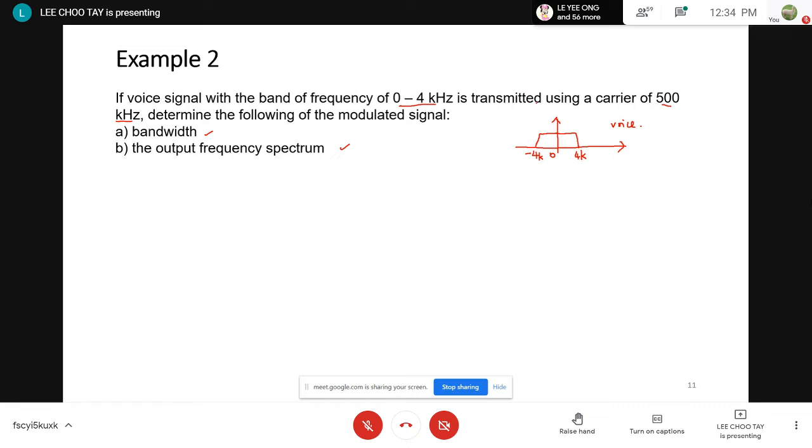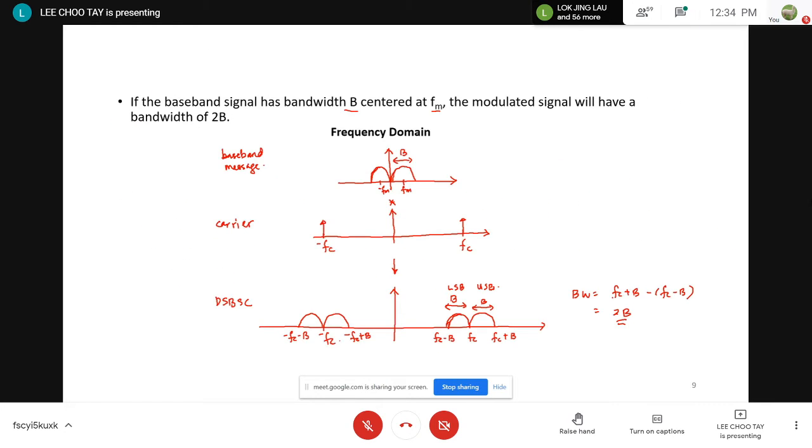Okay, so my carrier is 500 kilohertz. Let's talk about bandwidth first. Bandwidth, if you refer back to the previous slides, is actually 2B. If I have my baseband signal that spans a range of frequencies, and the highest frequency is B, then the bandwidth will be 2B.